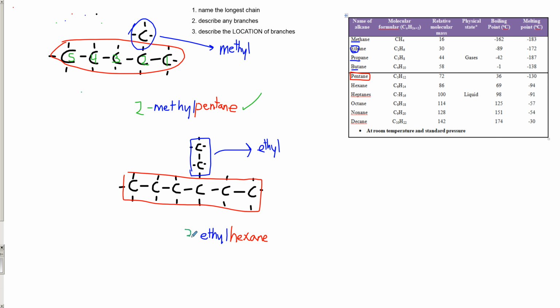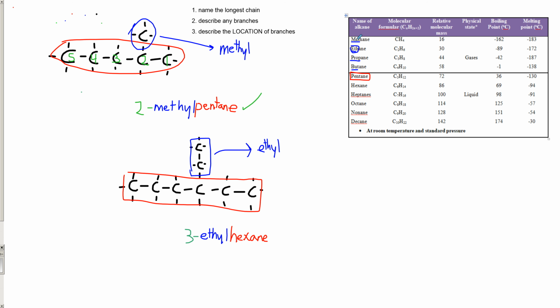So again, the only time that you're going to see actual digits, numerals, is when they are describing the address. You don't use numbers for anything else. When we talk about how long something is, we use the prefixes meth, eth, prop, but, pent, hex, hept, oct, non, dec.